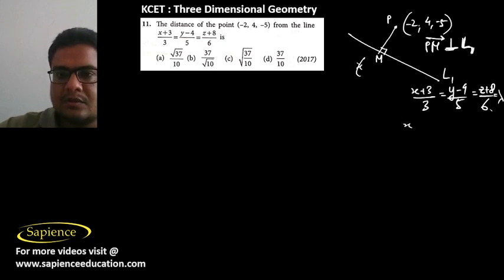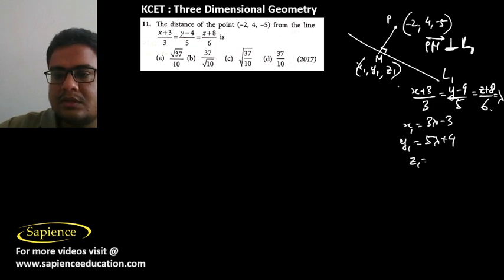Then if the coordinates of the point M is x1 comma y1 comma z1, then we can tell x1 is equal to 3 lambda minus 3, y1 is 5 lambda plus 4, and z1 is 6 lambda minus 8.